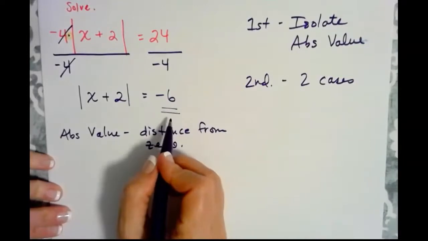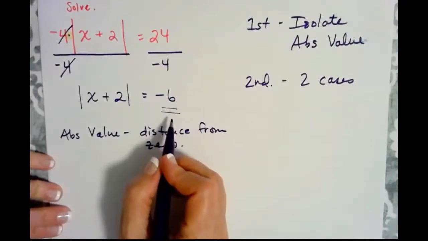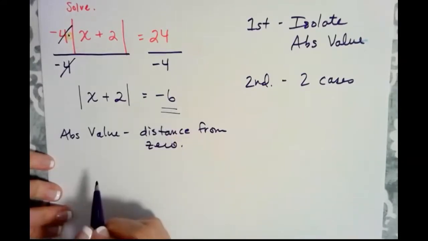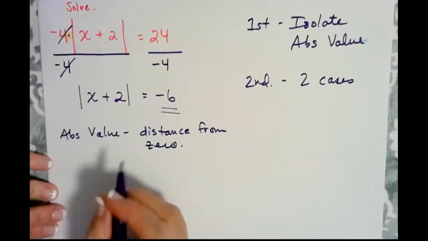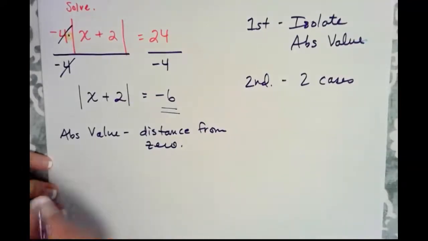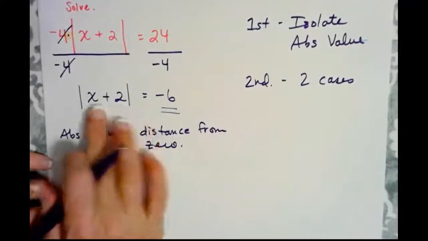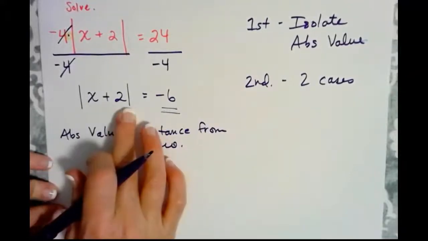Is it possible for any number to be -6 units away from 0? No, this is not possible. It is never, ever, ever going to be true, no matter what we plug in there.